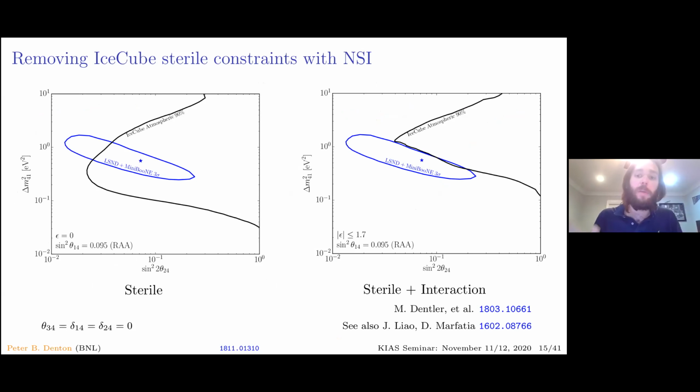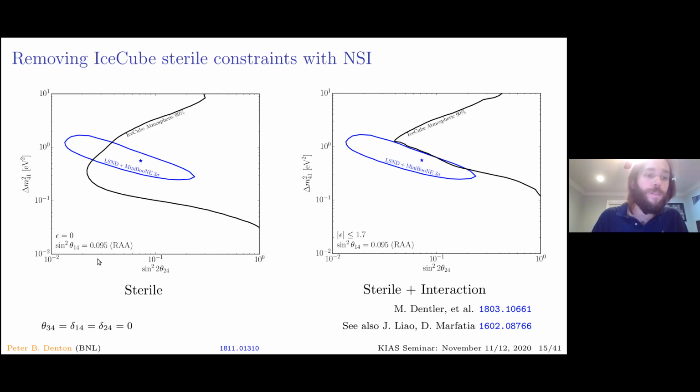So here are the parameter space scans. This is in terms of the mixing angle on the x-axis and delta m squared on the y-axis. The blue is the region preferred by LSND and MiniBooNE, consistent with most other oscillation constraints. They want to be out here to explain that data. There are 2 mixing angles in play, theta 2,4 and theta 1,4.